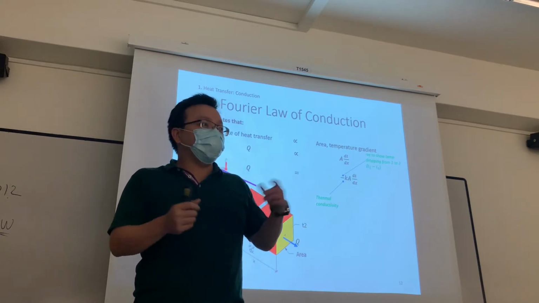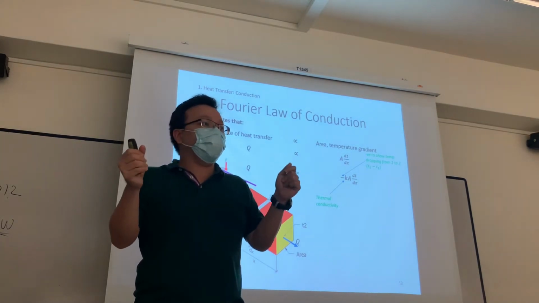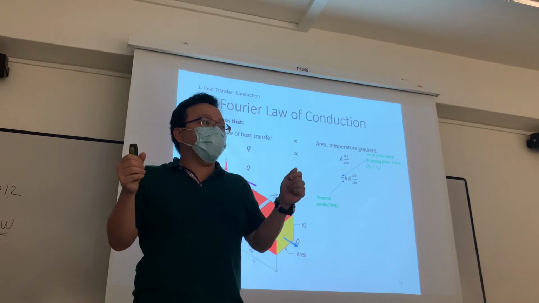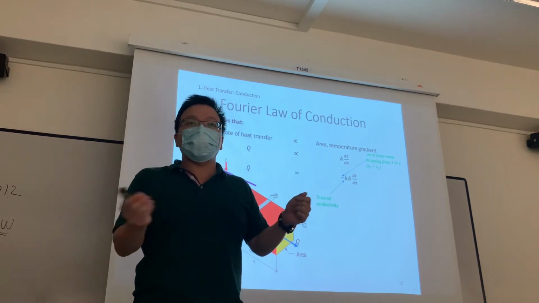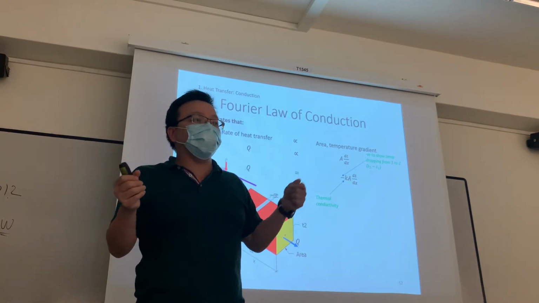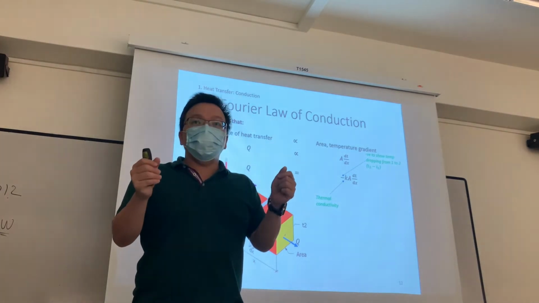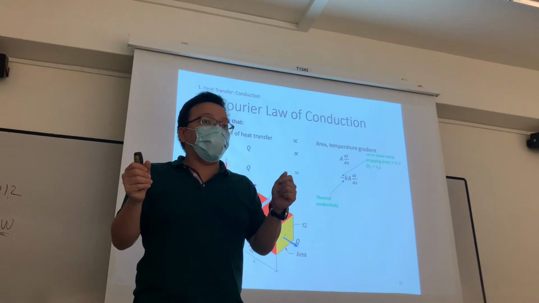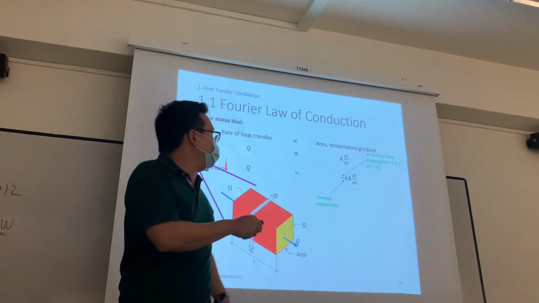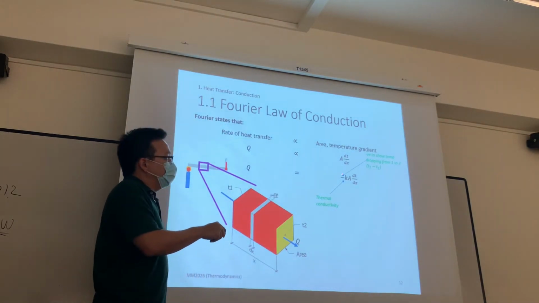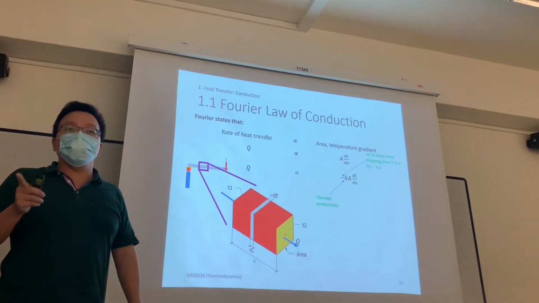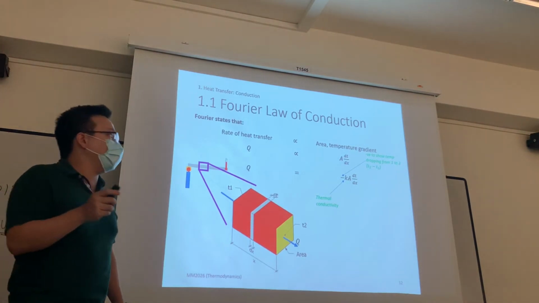Let's say I've got polystyrene, it has a K value of a certain amount. I make the polystyrene bigger, smaller, I cut the polystyrene. Does the thermal conductivity change? No, it only bothers about the material type. Are we clear? As the material doesn't change, the thermal conductivity does not change. Okay, start.